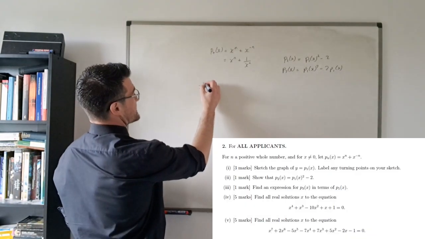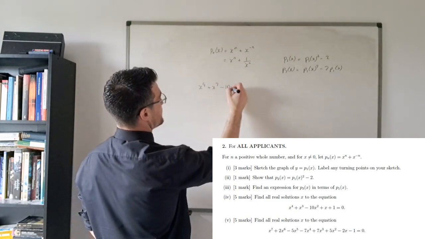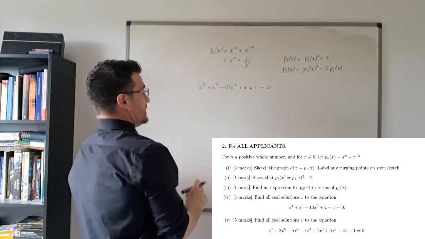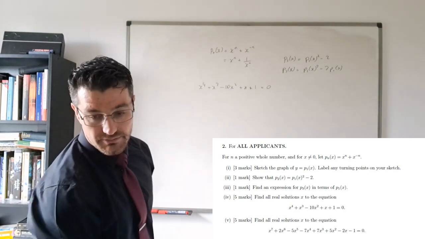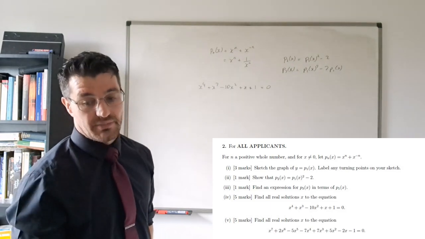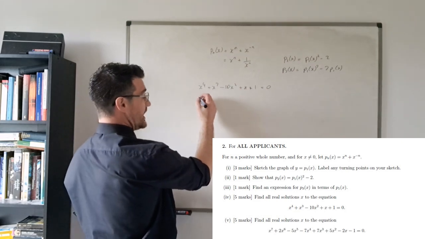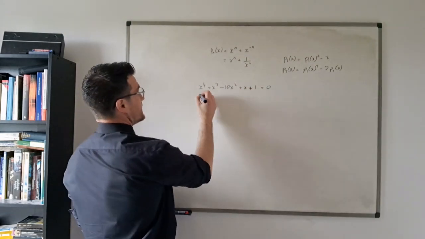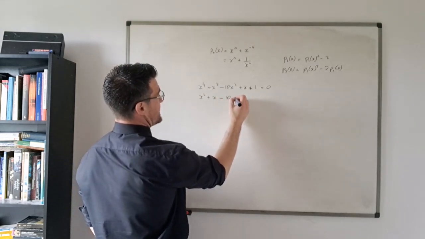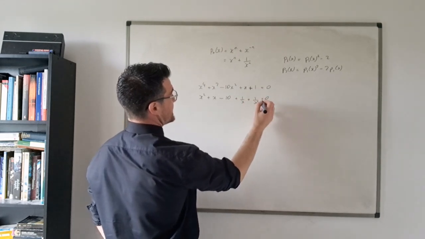So we've got the equation x to the power of 4 plus x cubed minus 10x squared plus x plus 1 equals 0. We're told right at the beginning of this problem that x is not equal to 0. So that allows me to divide through by x squared. I get x squared plus x minus 10 plus 1 over x plus 1 over x squared equals 0.